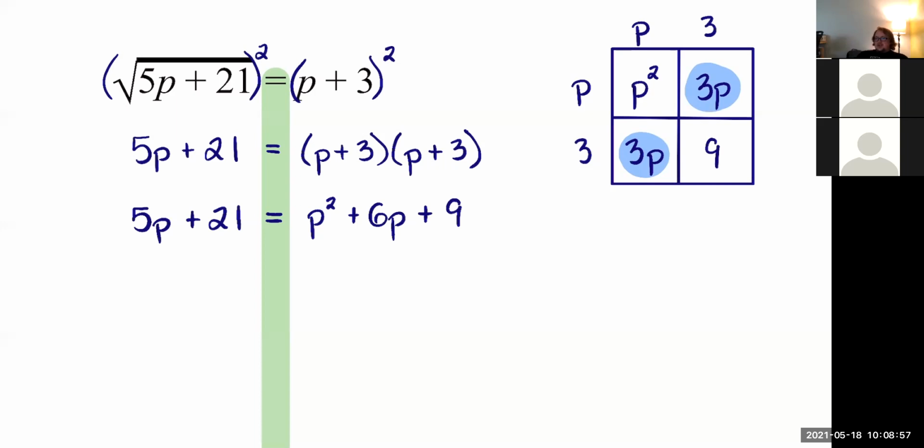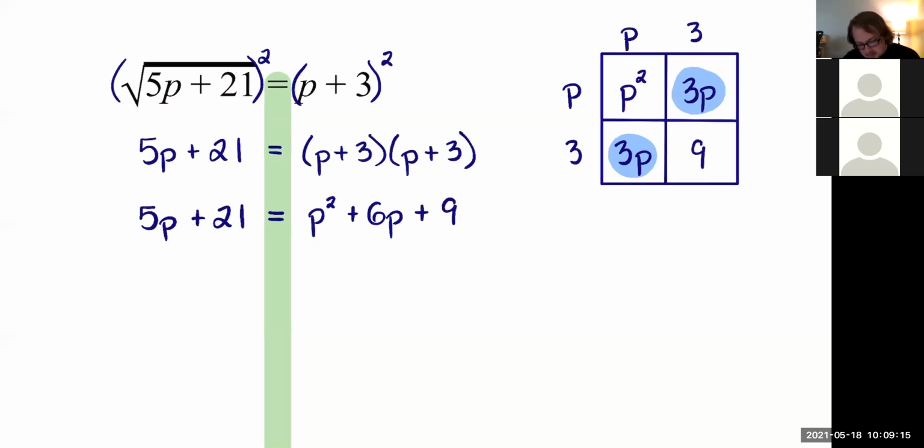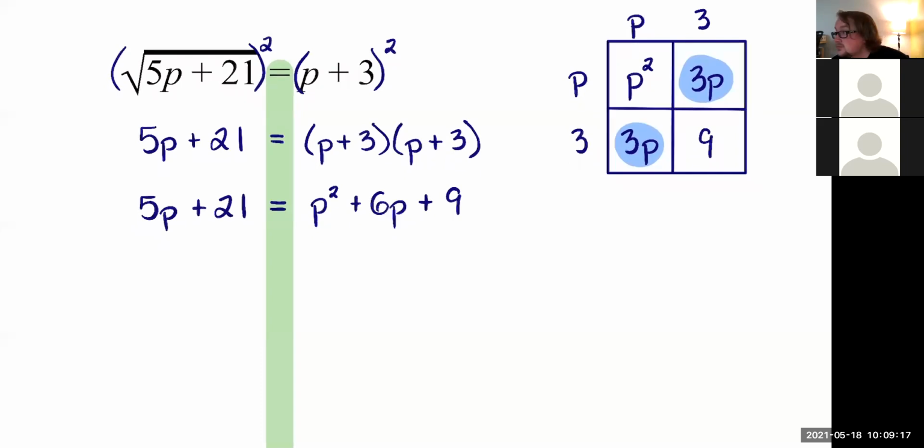In order to solve a quadratic equation, what is the first thing you want to happen? Before we factor, we need a 0 on one side. So which side would you like to start moving things? The left-hand side? What would you move? Subtract 21. Well, technically, I would think that the p squared would be first.